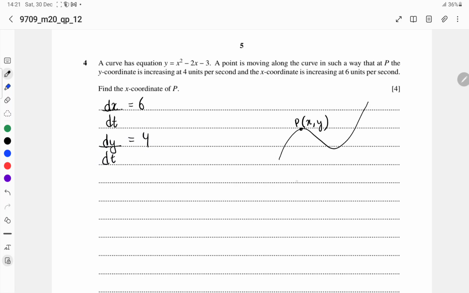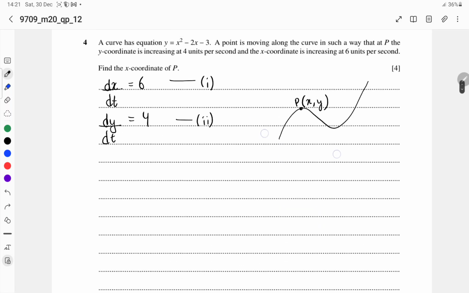So when we divide the first equation by the second equation, we need to find the x coordinate of P, right? We have the equation of the curve as well. So let's find dy by dx first. To find dy by dx, let's just divide equation 2 by 1. So let's do 2 divided by 1, right?